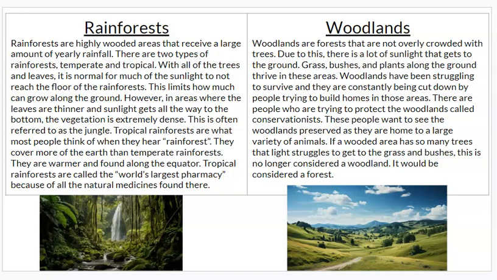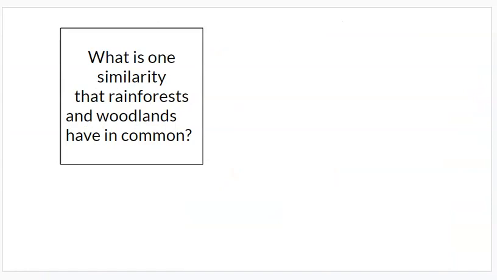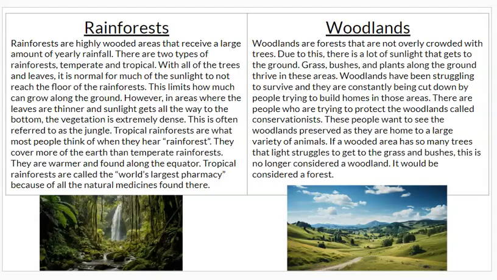Let's use what we've learned about compare and contrast to help us compare both rainforests and woodlands. What is one similarity that rainforests and woodlands have in common? Take a moment, pause the video, and answer the question.